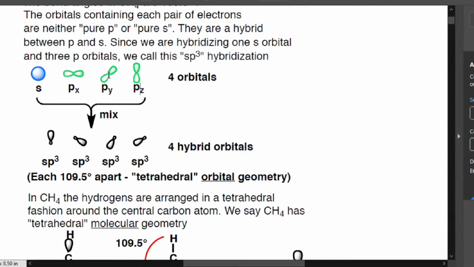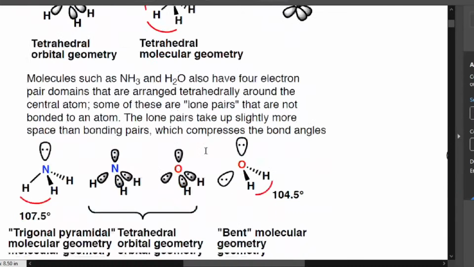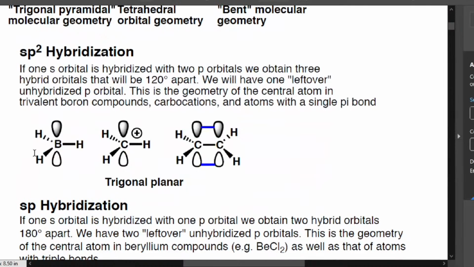So if you consider these three, s, px and py, the hybridized orbitals will be in one plane, having a trigonal planar structure, and perpendicular to that plane will lie pz. So if you look at the structure of sp2 orbitals, they are in a plane, and above and below the plane this unhybridized orbital is there.